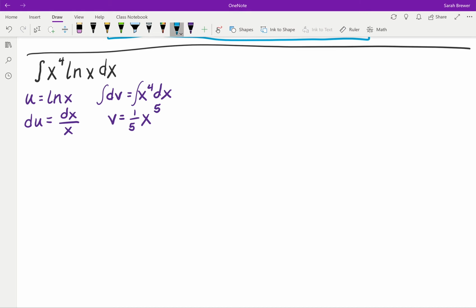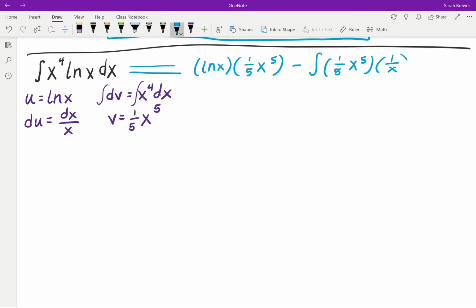So then applying my integration by parts formula, the integral of u dv is equal to u times v, so natural log of x times 1/5 x to the fifth, minus the integral of v du, so minus the integral of 1/5 x to the fifth times 1 over x dx.